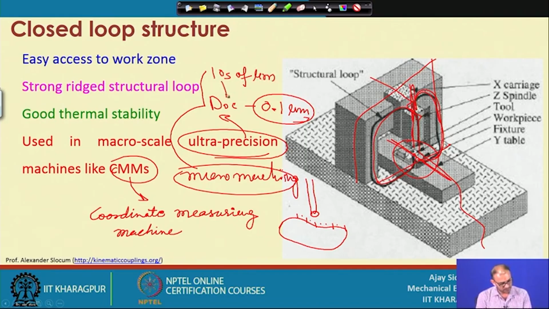So, this is the difference here. When you are working with a very small depth of cut or small feature machining, more stability is required. Ultra precision machines are also very stiff in terms of movement and machining characteristics, so that is very important.